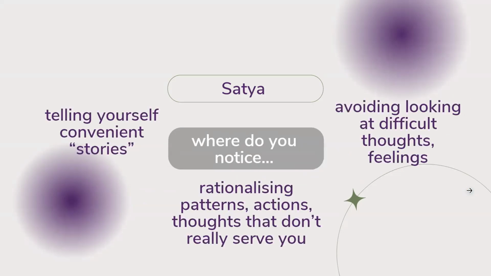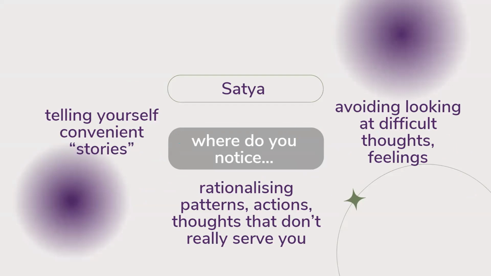And off the mat as well, noticing where you might tell yourself convenient stories, where you might rationalize patterns or actions or thoughts even that don't really serve you. So again, if we can arrive into that space, that unchanging place within us, then perhaps we can start to notice these times when this comes up.